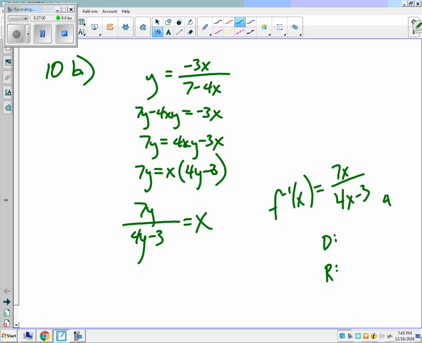If I do 4x minus 3 cannot equal 0, so add 3 divided by 4, x cannot be 3/4. That would give me a divide by 0 error, make my calculator say domain error, correct? So the domain on this can be anything from negative infinity to 3/4, and then from 3/4 to infinity.